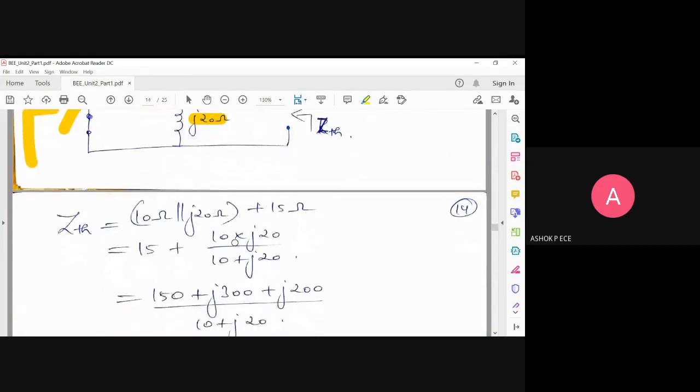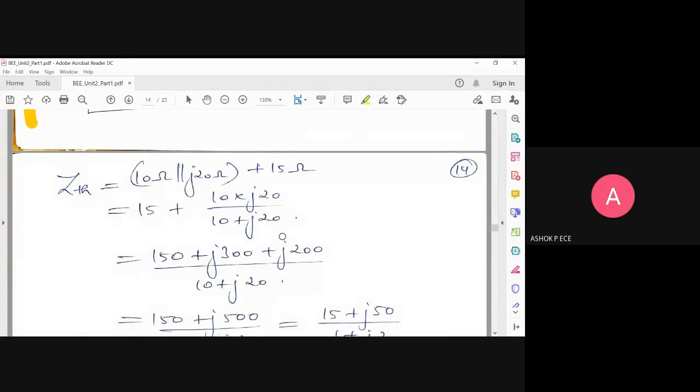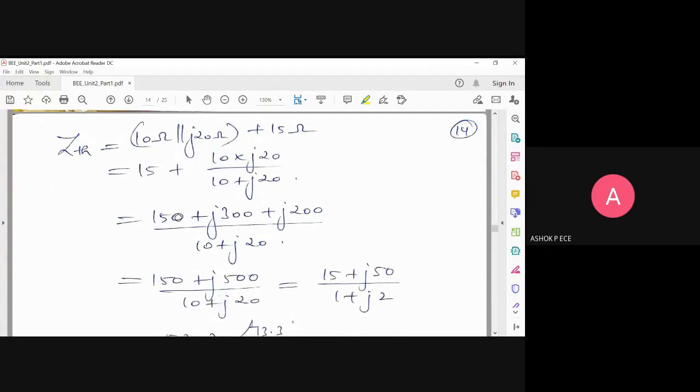So simplify it properly. Simplifying resistance will be easy, but simplifying complex numbers, you have to do it with utmost caution. 10 into J20 by 10 plus J20, plus 15. Take LCM. 150 plus J300 plus J200 divided by 10 plus J20.